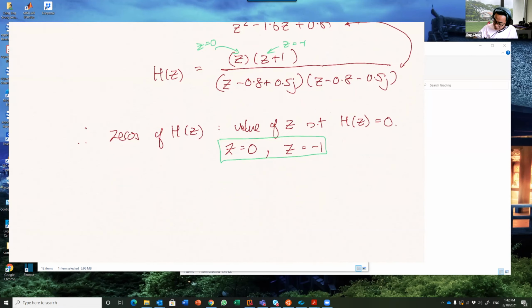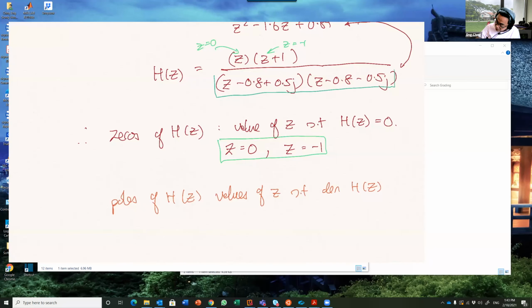So, okay, so this is my zeros. What about my poles? So the poles of h of z means the values of z such that the denominator of h of z, what's the denominator? So this guy is the denominator of h of z.